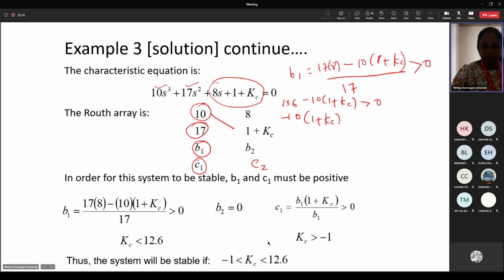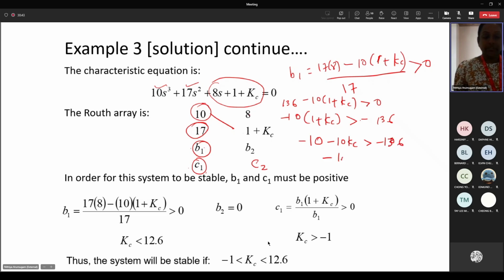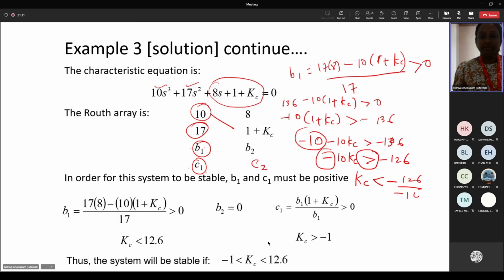So 10(1 plus Kc) is less than 136. That gives 10 plus 10Kc less than 136, so 10Kc is less than 126.